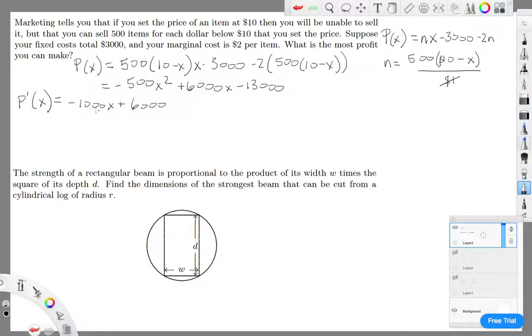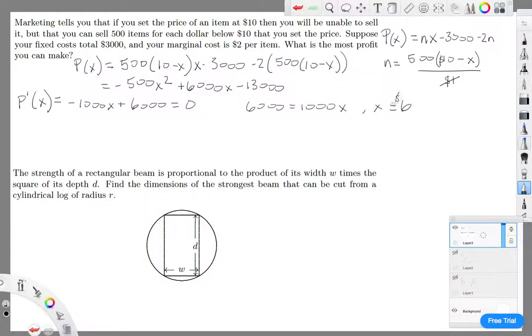So we get P prime of x equals negative 1,000x plus 6,000, set that equal to 0 in order to find our critical point. And we'll take this negative 1,000x, put it on the other side. We get 6,000 equals 1,000x. Therefore, x is equal to 6. Pretty simple.